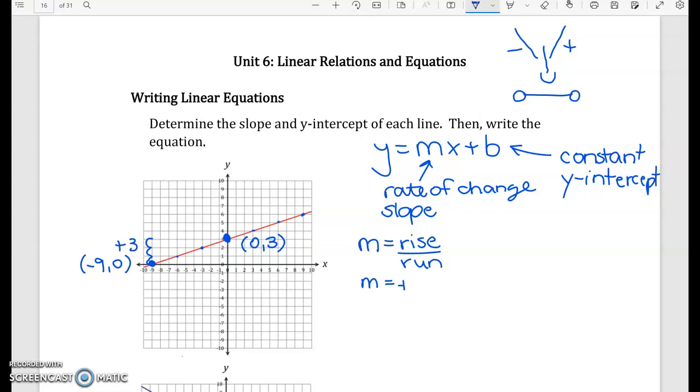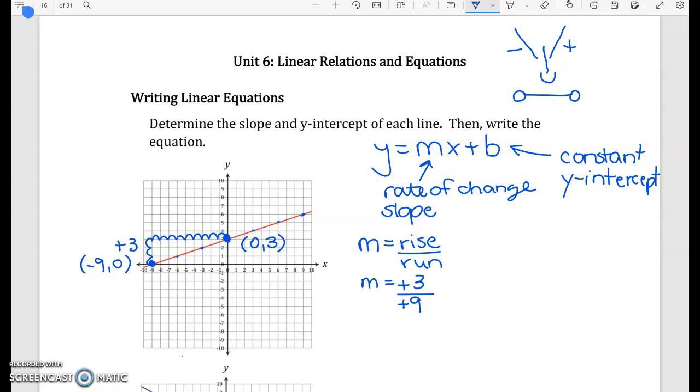So my rise is +3. How much am I running? In other words, what's the horizontal distance that I'm moving? Do your little bubbles: 1, 2, 3, 4, 5, 6, 7, 8, 9. I'm moving in the positive direction, so it's going to be +9.